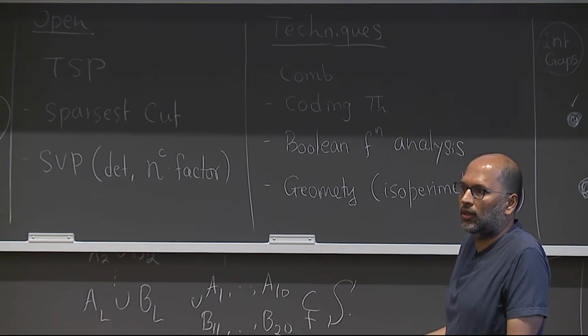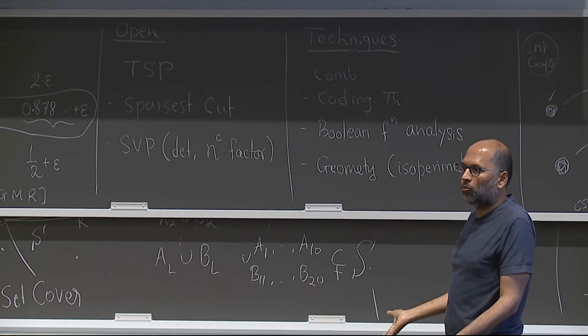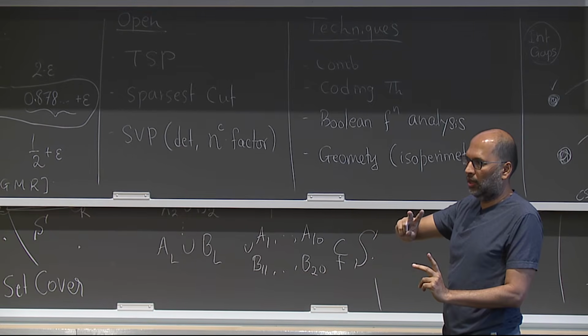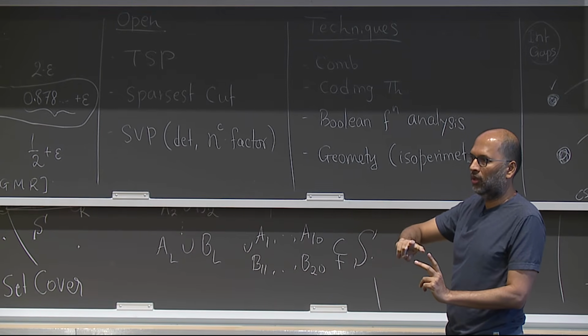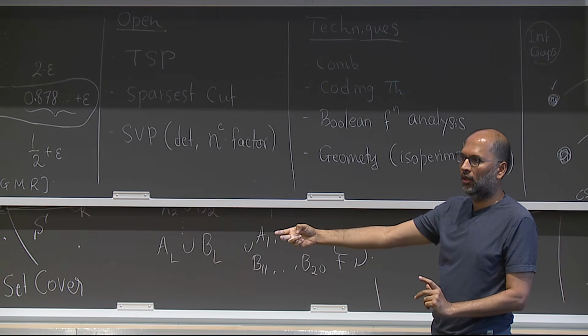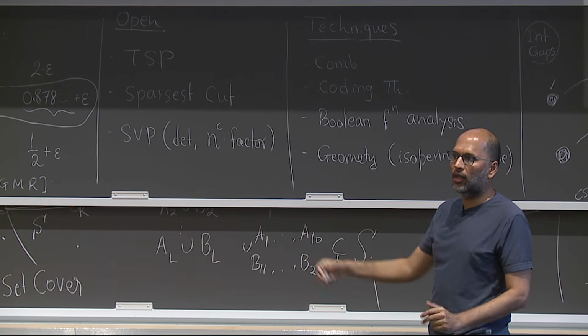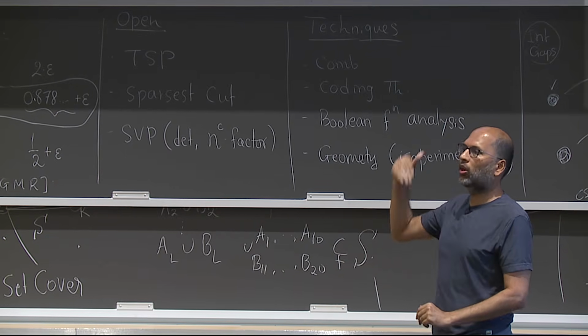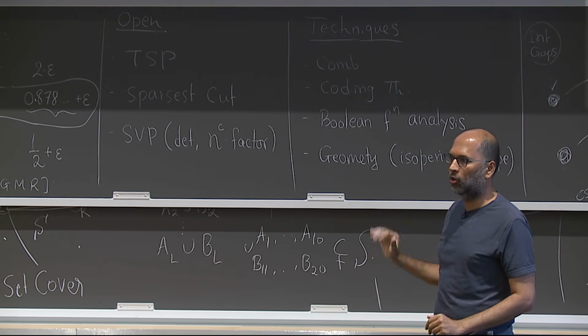It's a Boolean analysis statement, but the way it is proved is by mapping the theorem that you want to prove into a statement about isoperimetry in real Gaussian space, and answering an isoperimetric question in real Gaussian space, which was already known before in pure mathematics.